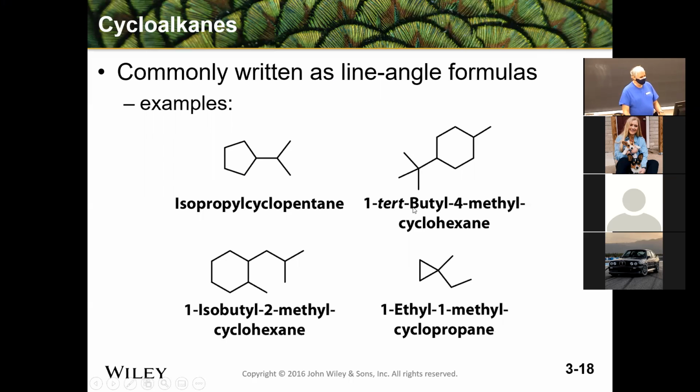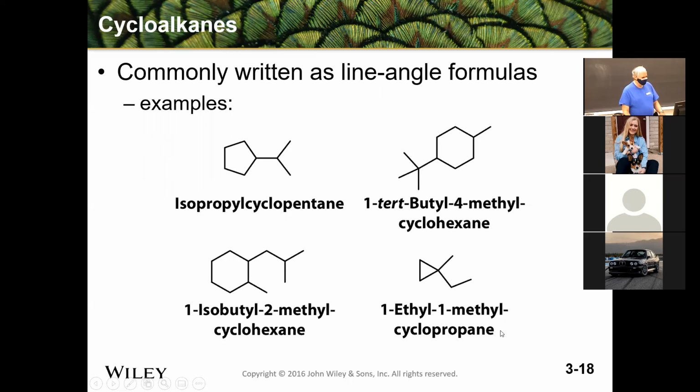This is kind of strange, but tert-butyl is under the B's. So tert-butyl comes first in the alphabet, then methyl. While tert-butyl is alphabetized under the B's, isobutyl is actually alphabetized under the I's.